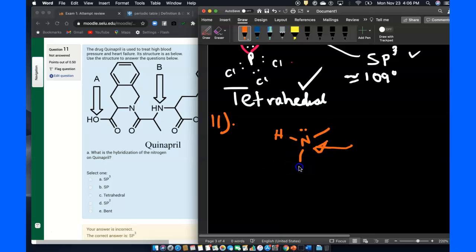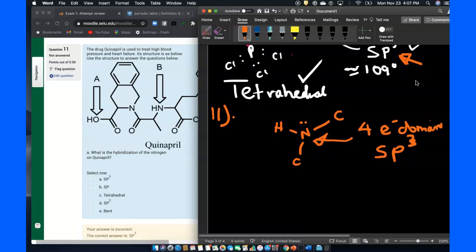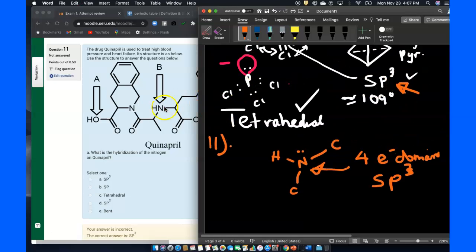You have 4 electron domains, 3 bonds and a lone pair. The only hybridization that has 4 electron domains has to be sp3, just like we did right here. We ended up with 4 electron domains.